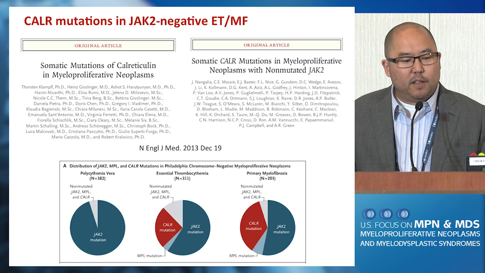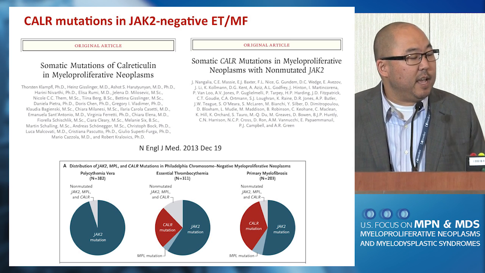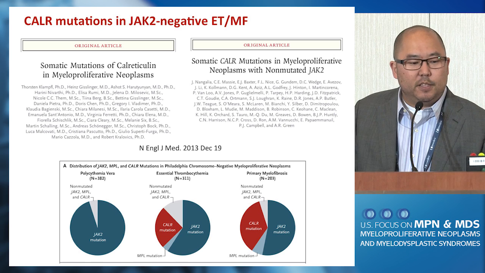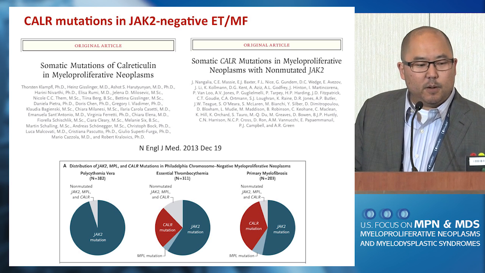But within ET and myelofibrosis, we knew that at least 40% or so of these patients lacked the JAK2 mutation, and for a long time we just referred to those patients as JAK2 negative because we had no other alternative molecular marker other than the small sliver of patients known to carry MPL mutations. Now we know, based on these papers and several others since then, that calreticulin mutations are present in the majority of these JAK2 negative ET and myelofibrosis patients.